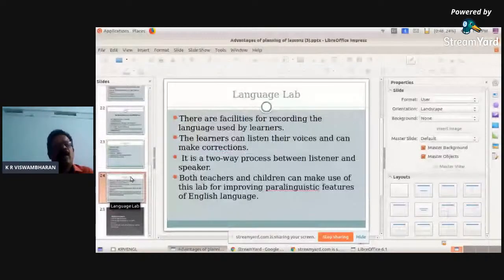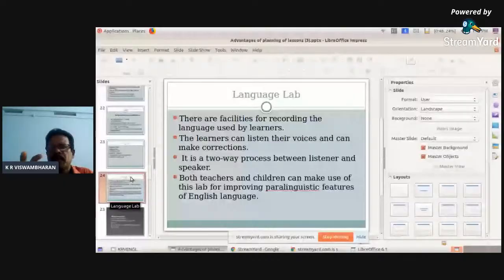In the language lab, there will be a master system and other systems connected to this master system. And there are facilities for recording the language used by us. The learners can make corrections. It will improve them a lot.